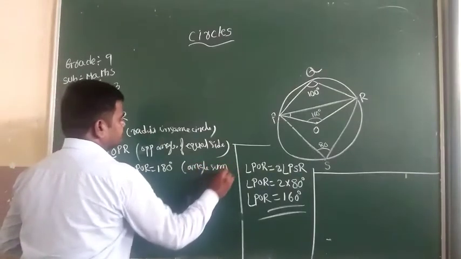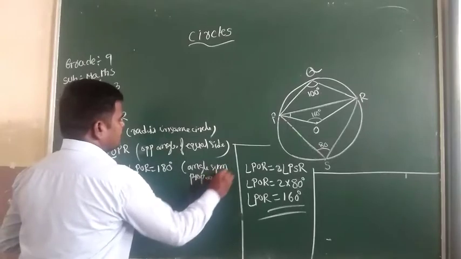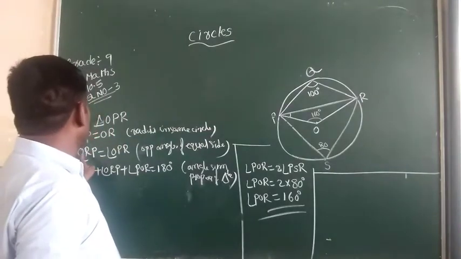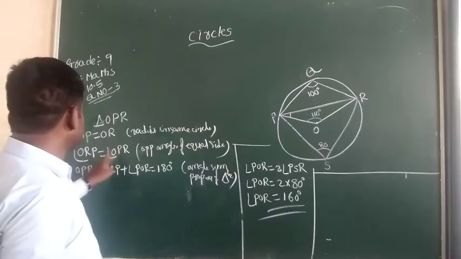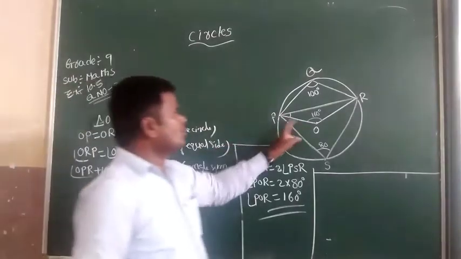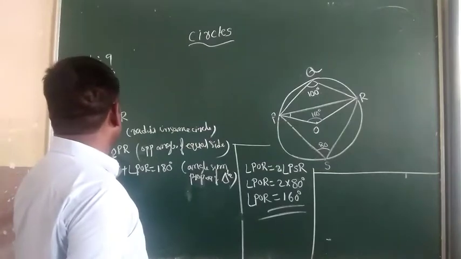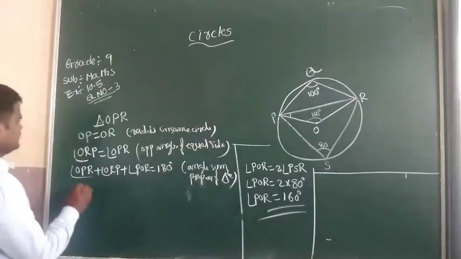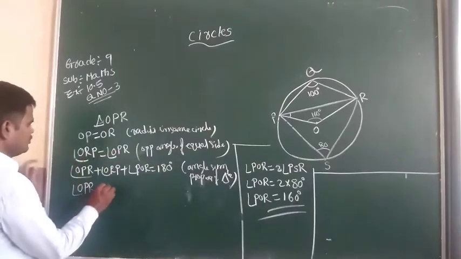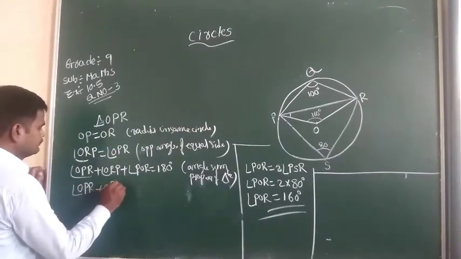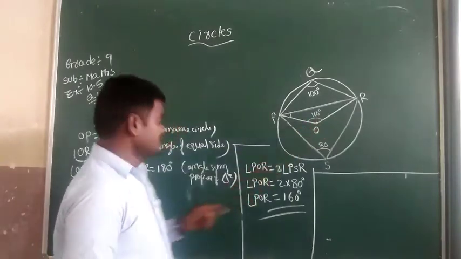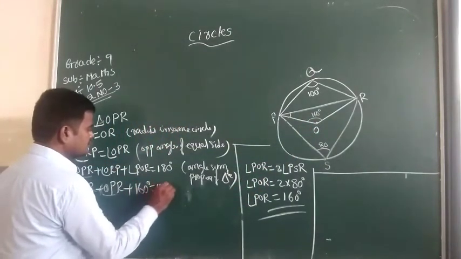Angle sum property of a triangle. Since ORP equals OPR, we get 2 times angle OPR plus angle POR, which is 160 degrees, equals 180 degrees.